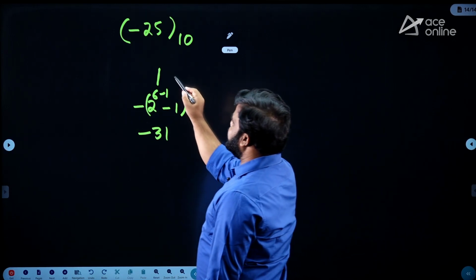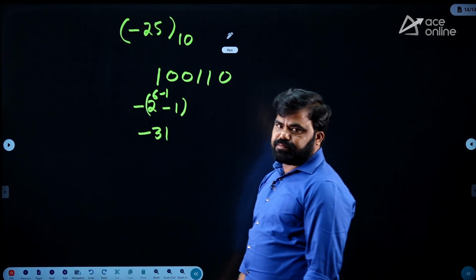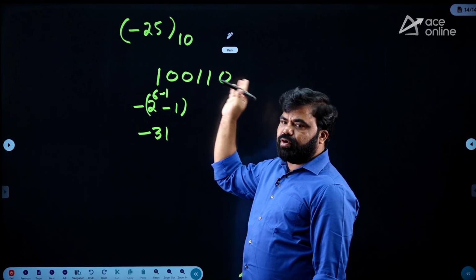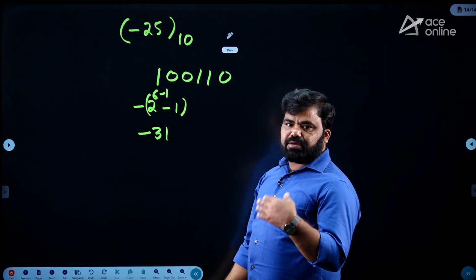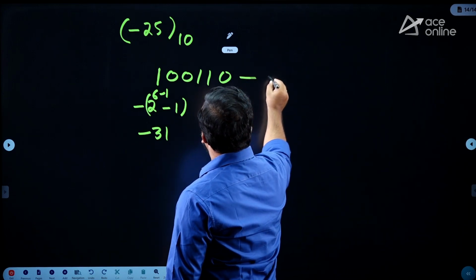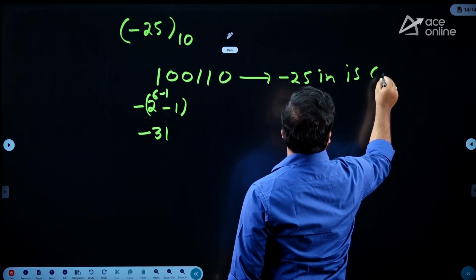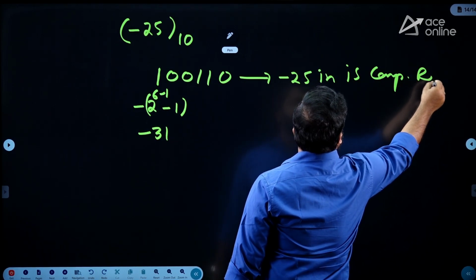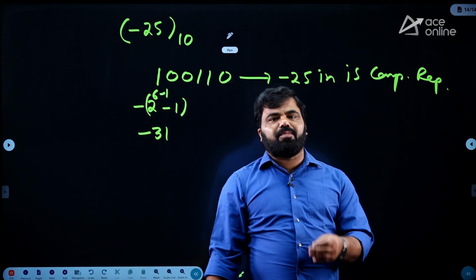Then what should I do? 0, 0, 1, 1, 0, which is plus 4 plus 2. Minus 31 plus 6 gives minus 25. So this is minus 25 in 1's complement representation using 6 bits, which is the minimum number of bits.